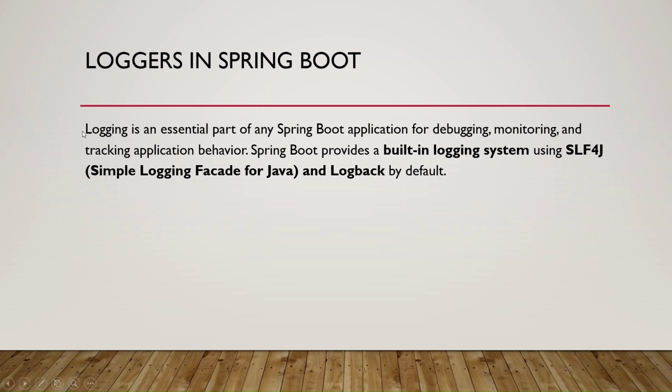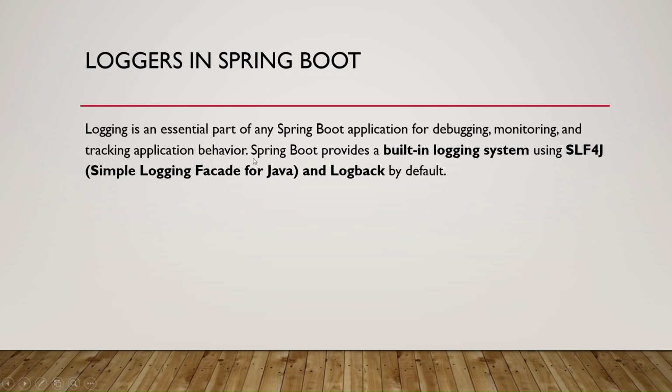Here you can see that I have written that logging is an essential part of any Spring Boot application, or any tech stack, logging is mandatory for us as a developer. Suppose in production it is showing an error and you are not able to find it. If you have logging set up, you can actually see the logs and solve your problem.